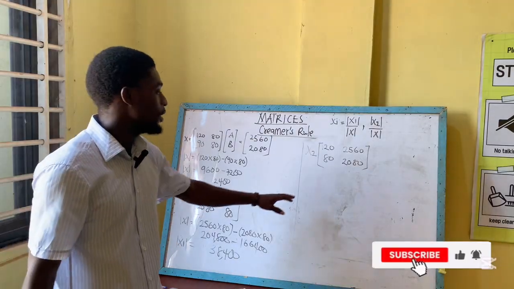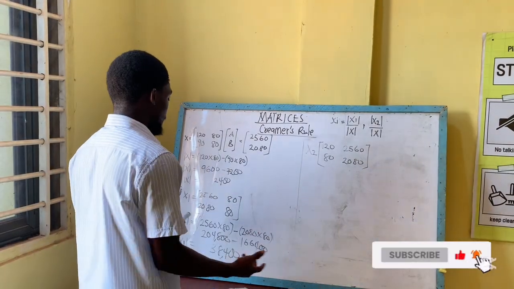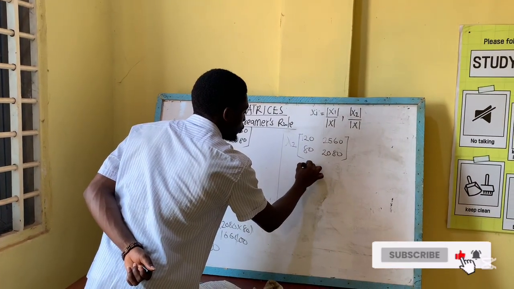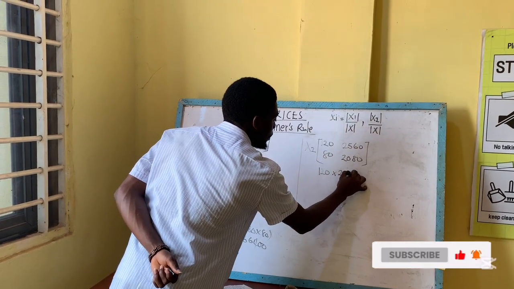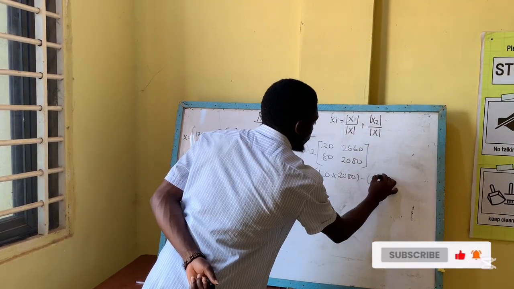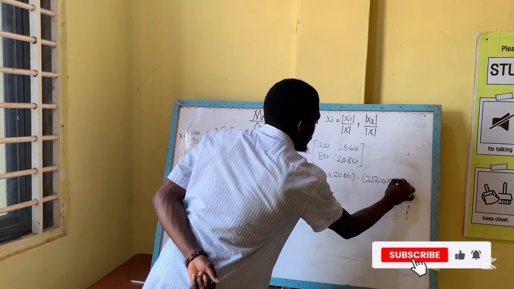After that, we find the determinant of matrix X2. Same approach: you multiply your principal diagonal, which is 120 times 2,080, minus 2,560 times 80.